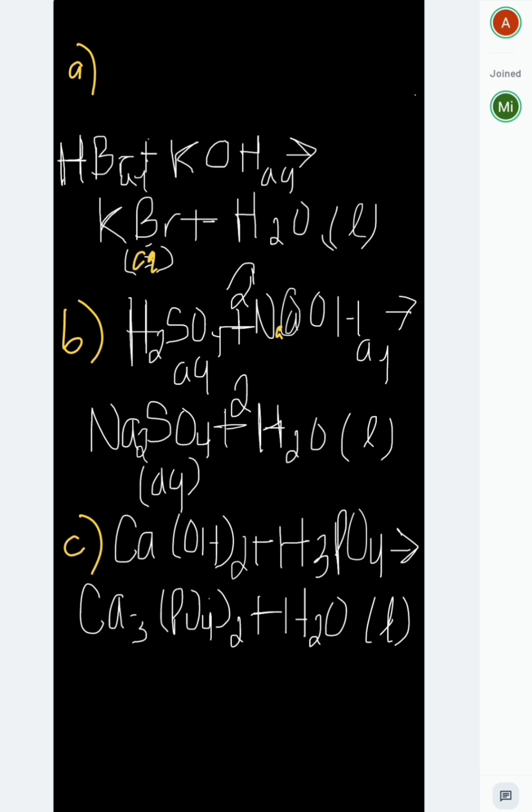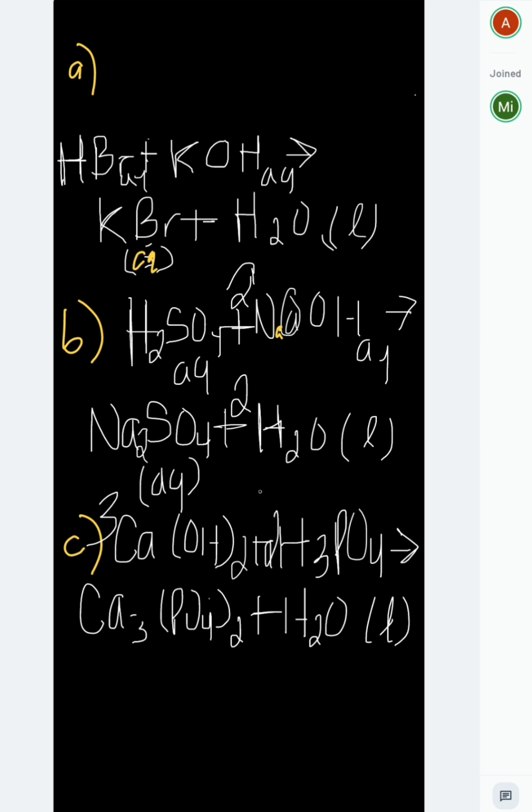You start with the first element, calcium. Number 3 should be 2 H3PO4. 6.